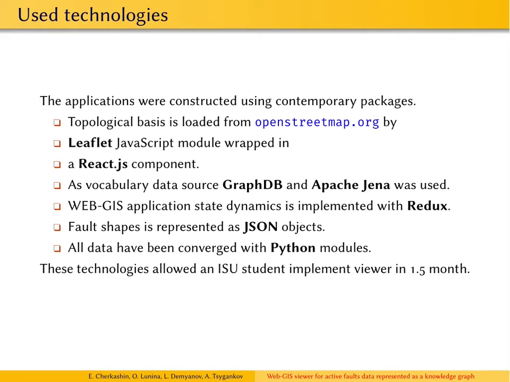Shapes are represented as JSON objects and they are loaded with the application. All conversion procedures were mostly implemented by Python modules. A bachelor student could implement this viewer in 1.5 months, knowing previously nothing about knowledge graphs or Leaflet properties.